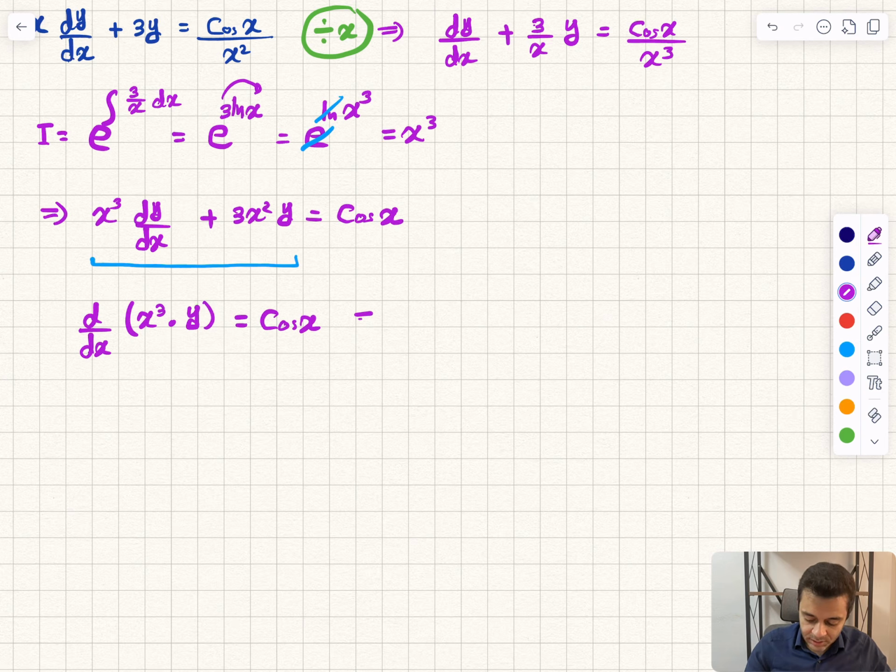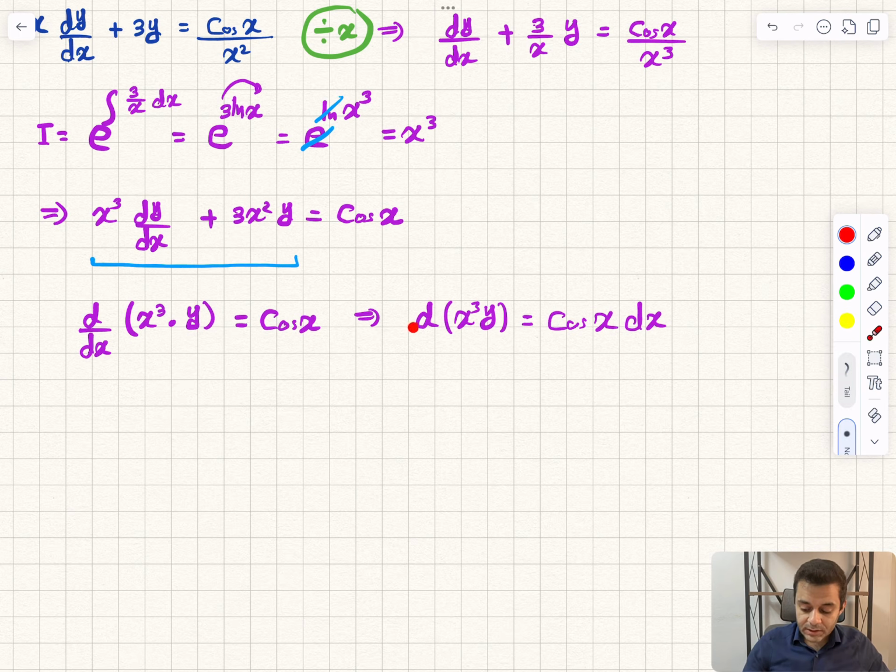Here, an optional step is that you can multiply both sides by dx. So if you multiply by dx, you will have d(x cubed y) equals cosine x dx.